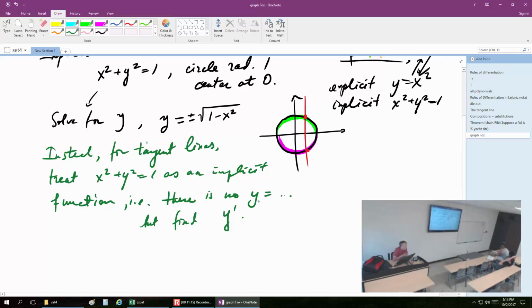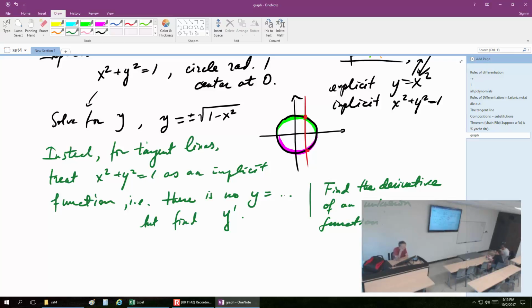So once again, there is no function explicitly, yet we want to find its derivative. Find the derivative of an unknown function.